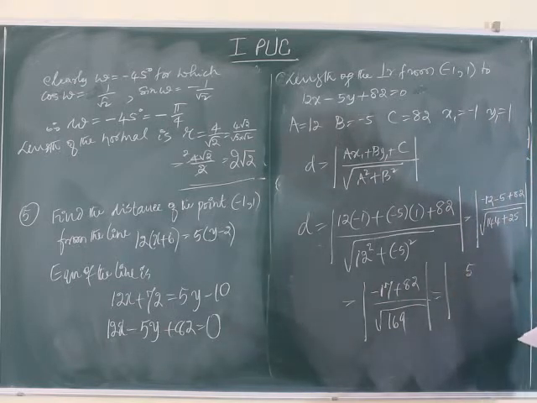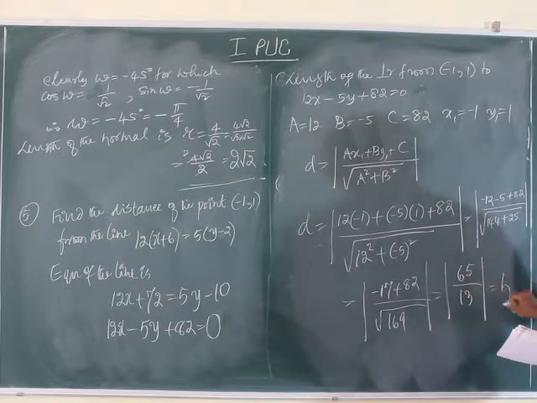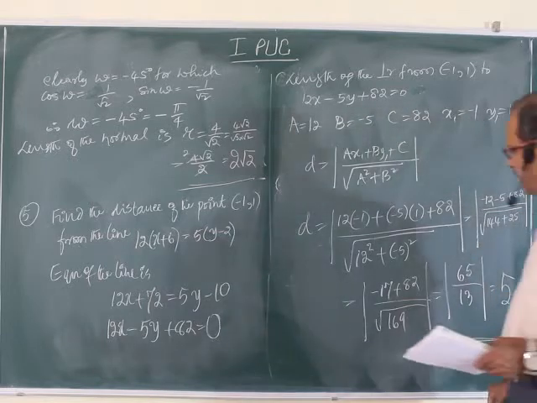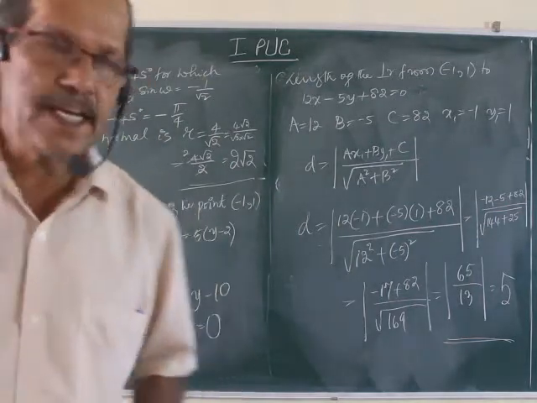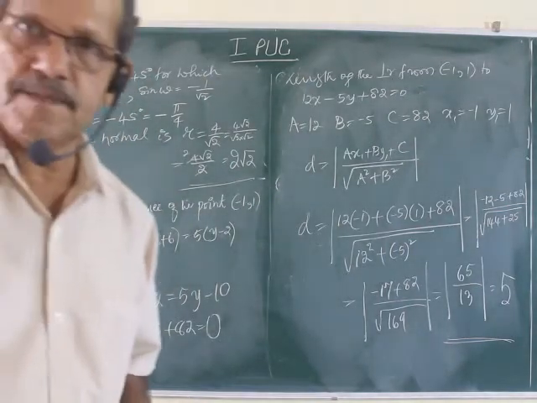That is 65 by 13. Answer is 5. Length of the perpendicular or distance of the point from the given line is 5 units.